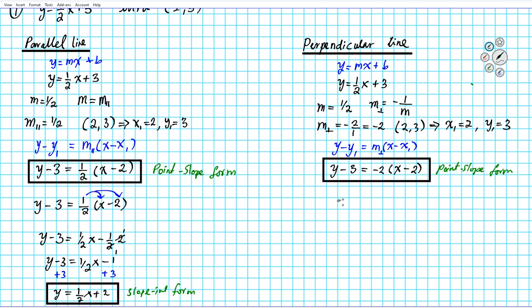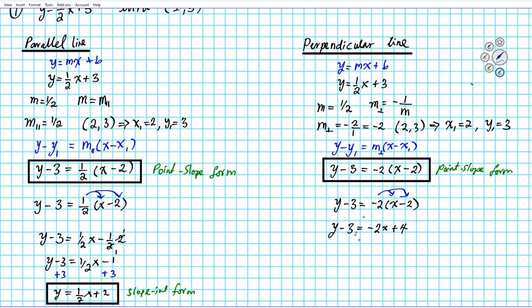We have y minus 3 is equal to negative 2 times x minus 2. Just distribute negative 2 across these two terms. That gives us y minus 3 is equal to negative 2x plus 4. Don't forget, negative 2 times negative 2 is positive 4.